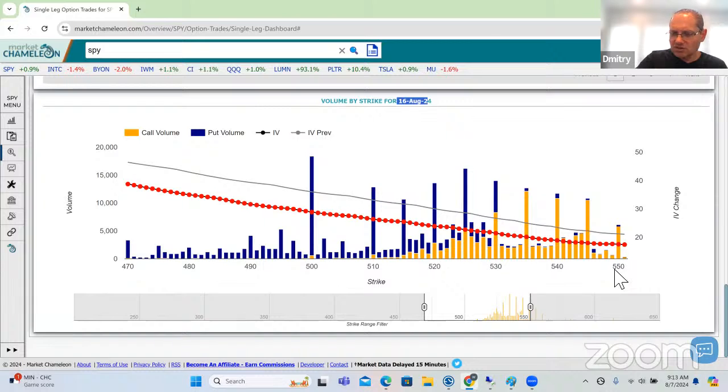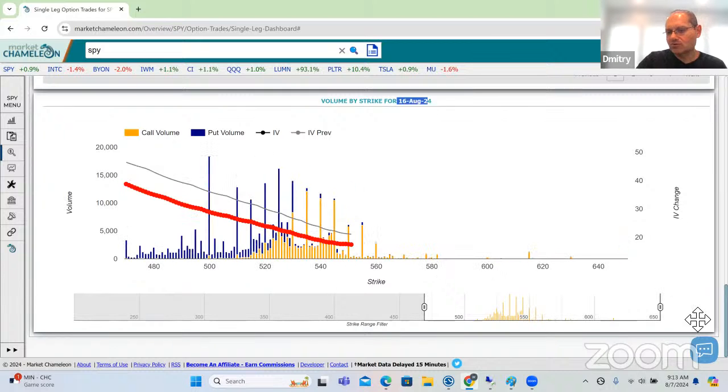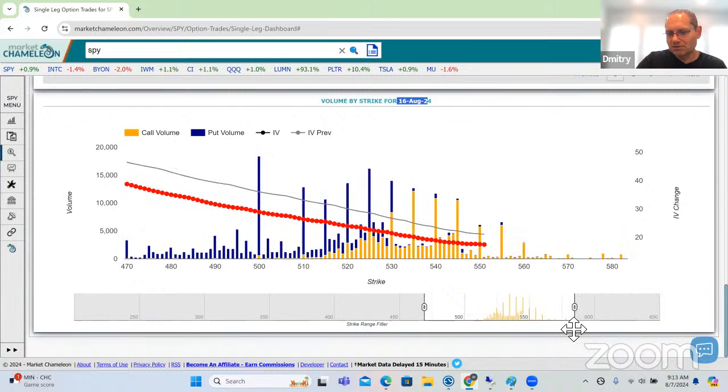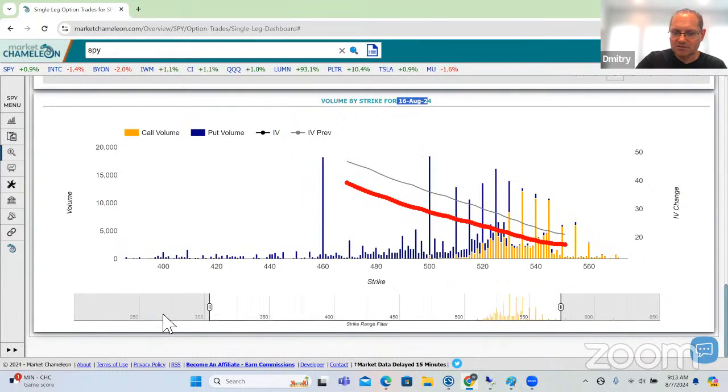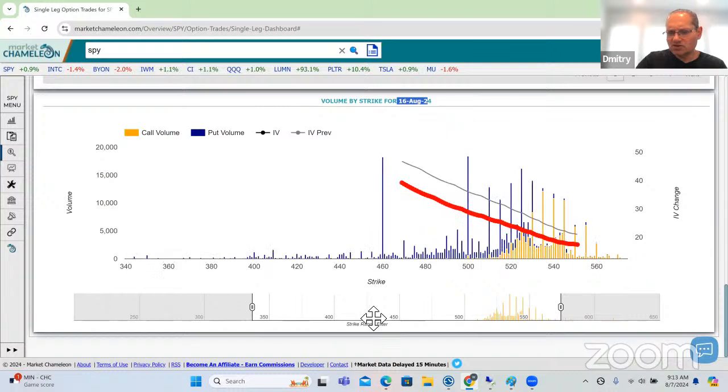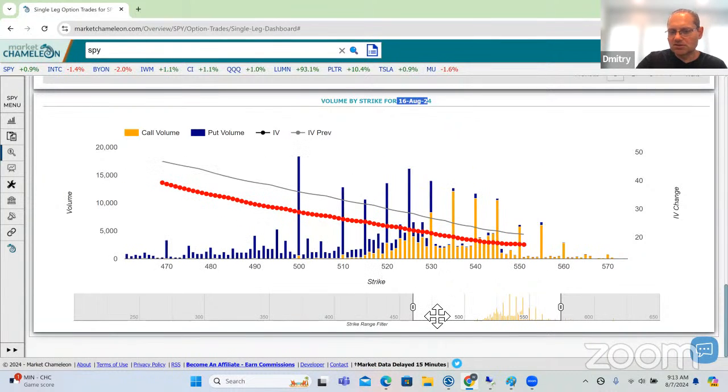You can see there are a lot of different strikes: 470, 480, 490, and strikes in between. I could expand this all the way up here, or narrow it down, or expand it all the way out down here. So there are a lot of different strikes on this expiration.